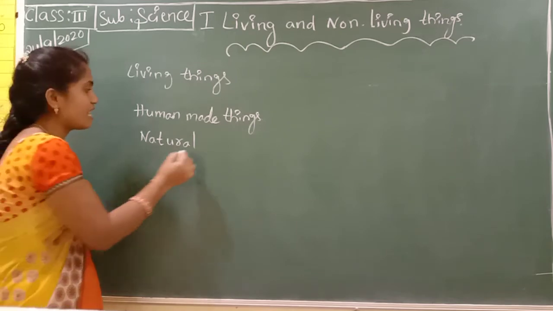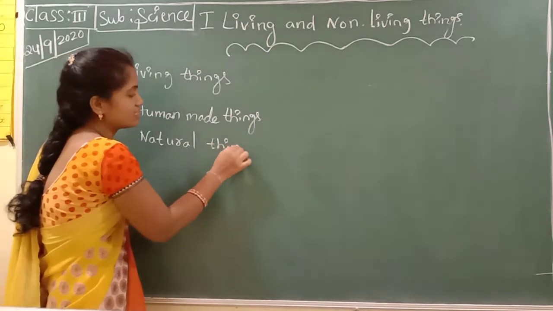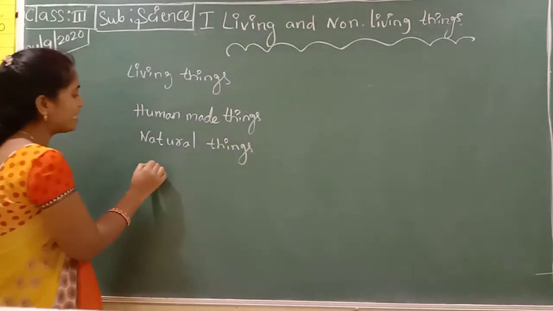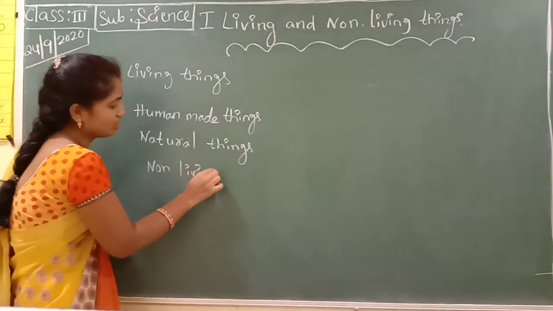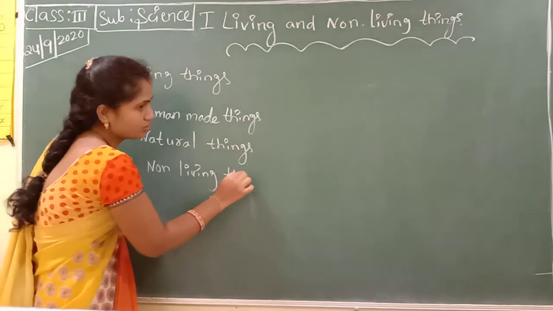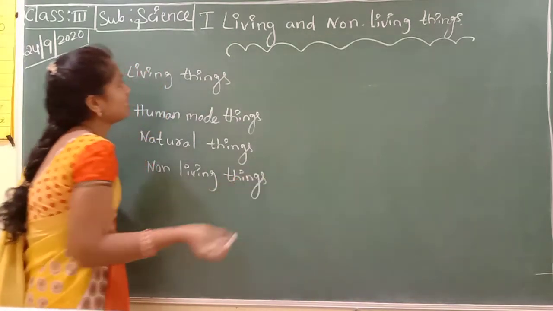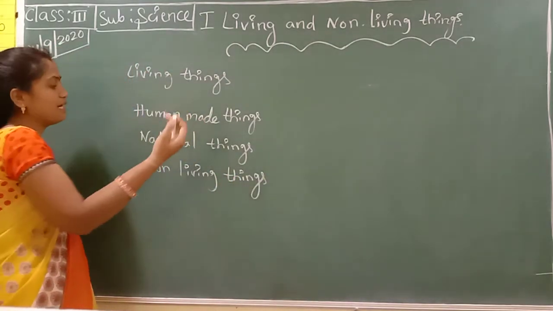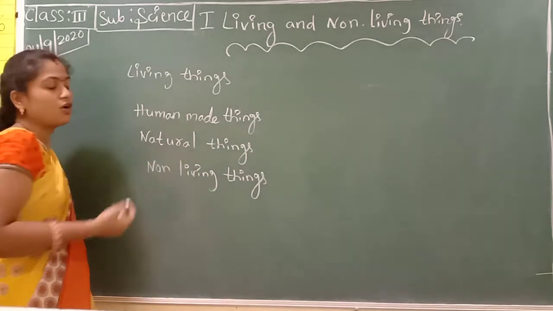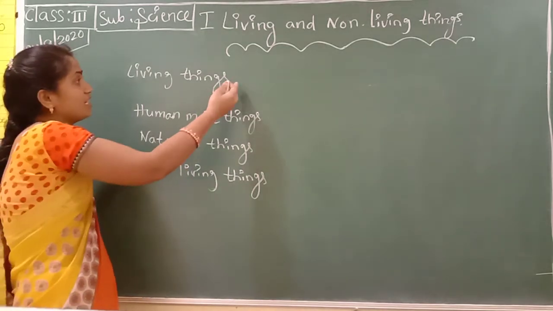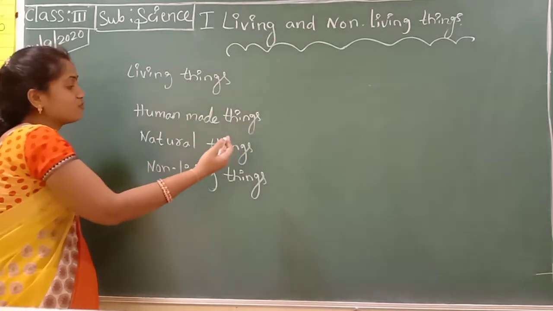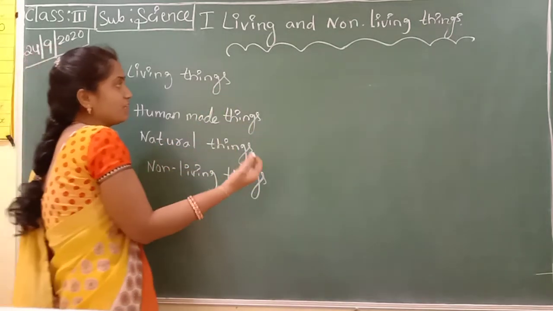Think, beta. Next, non-living things. So first you have to think about what are the living things, what are the human-made things, what are the natural things, what are the non-living things.